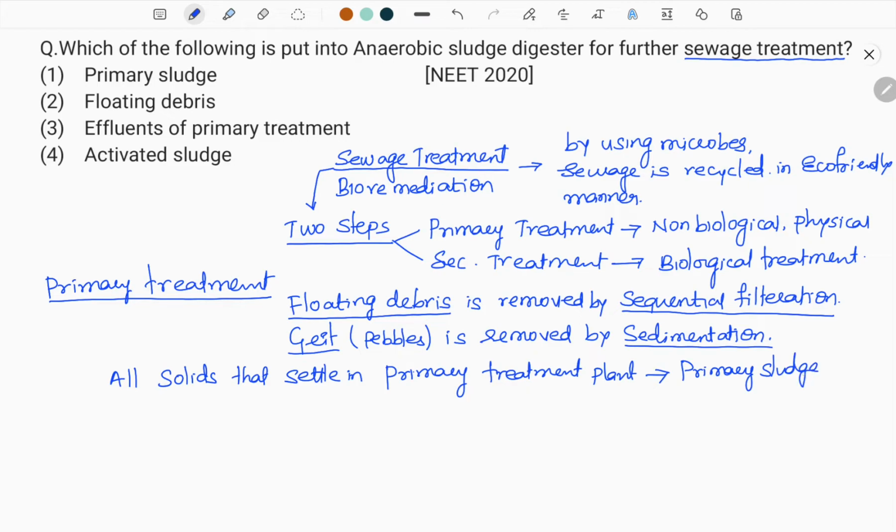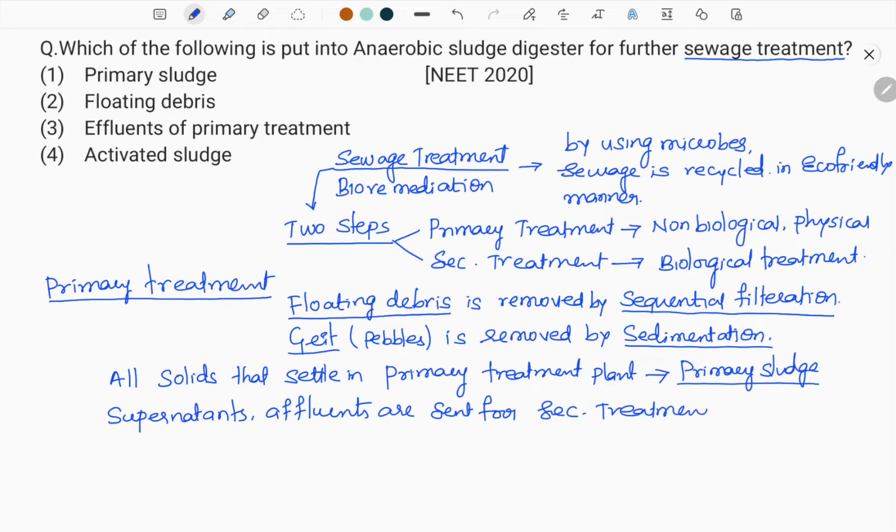So, after removal of the primary sludge, the supernatants, which are also called effluents, are sent for secondary treatment, which we call the biological treatment.